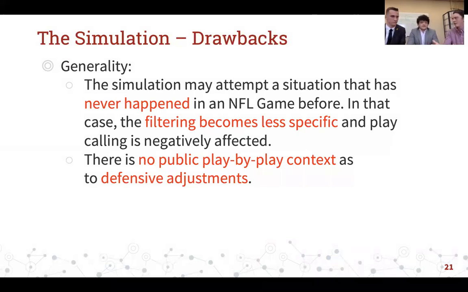As you can imagine, as Steven just said, there are some situations where we're filtering and we're getting way too specific. And so what can happen in the simulation is we attempt a situation that has actually never happened in an NFL game, given our domain of 2014 to 2020. So in that case, the filtering will, in effect, zoom out.